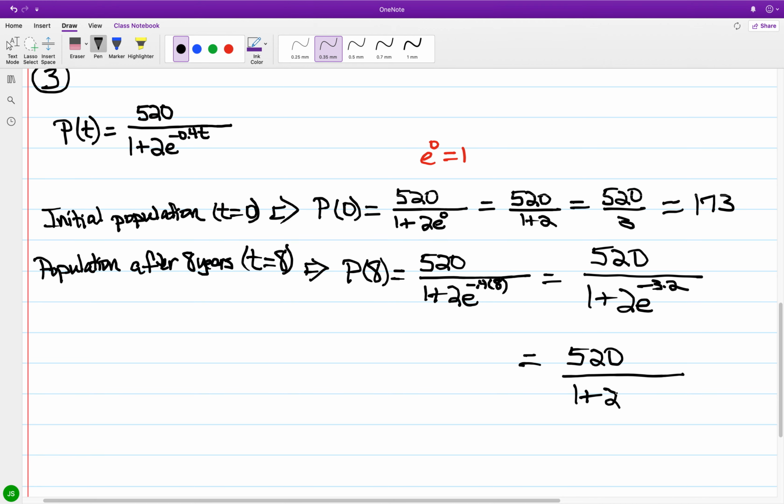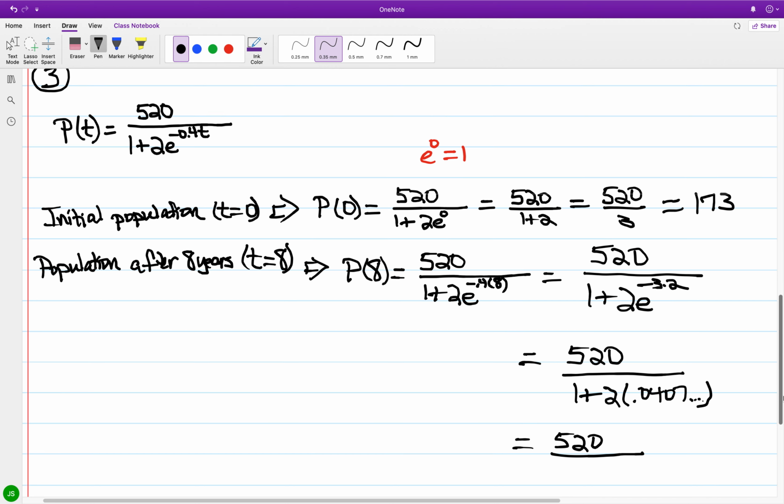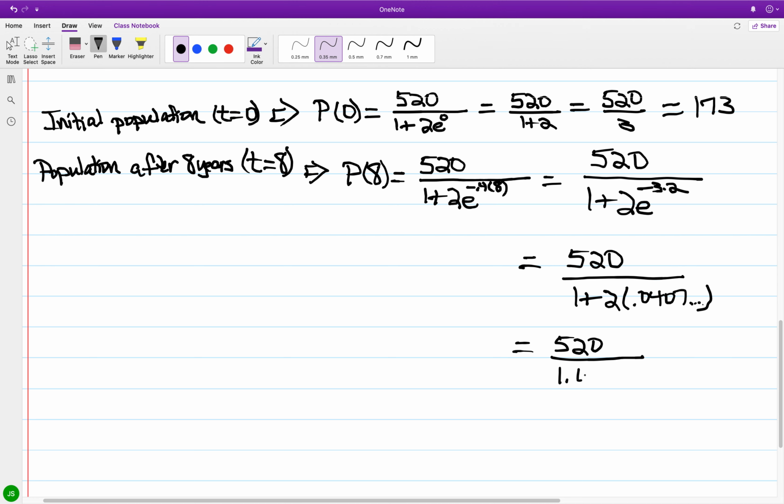Okay, now taking e to the negative 3.2, you have 0.0407, and if I multiply by 2 and add 1, we're looking at about 1.0815, and just holding on to that decimal.